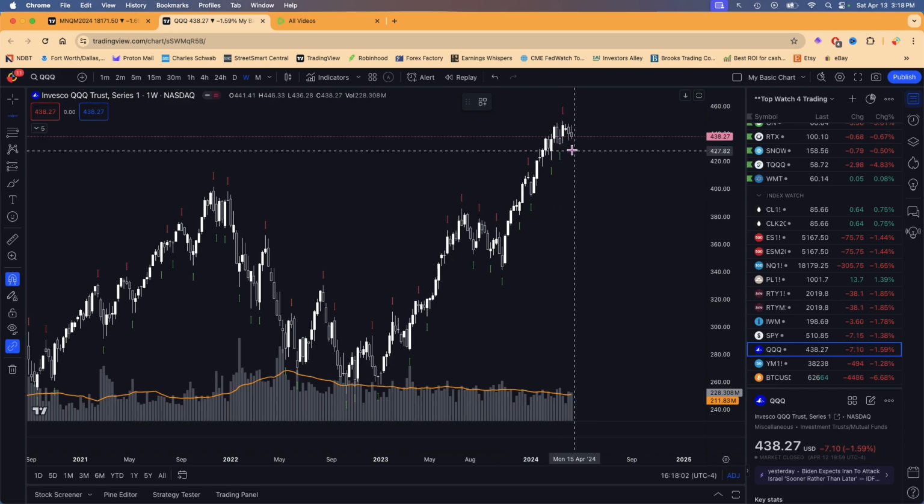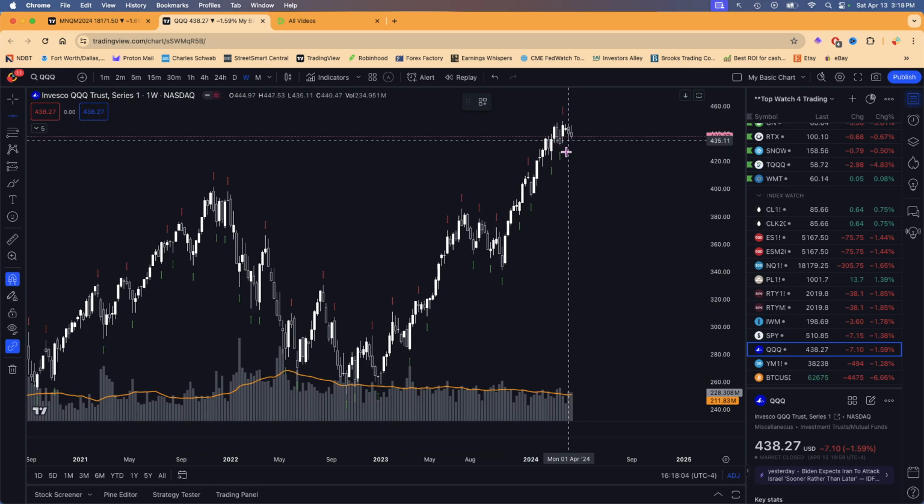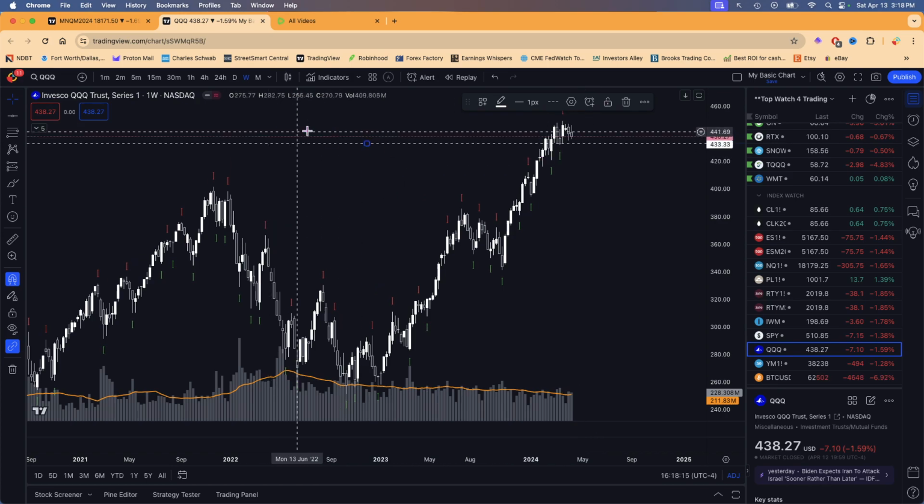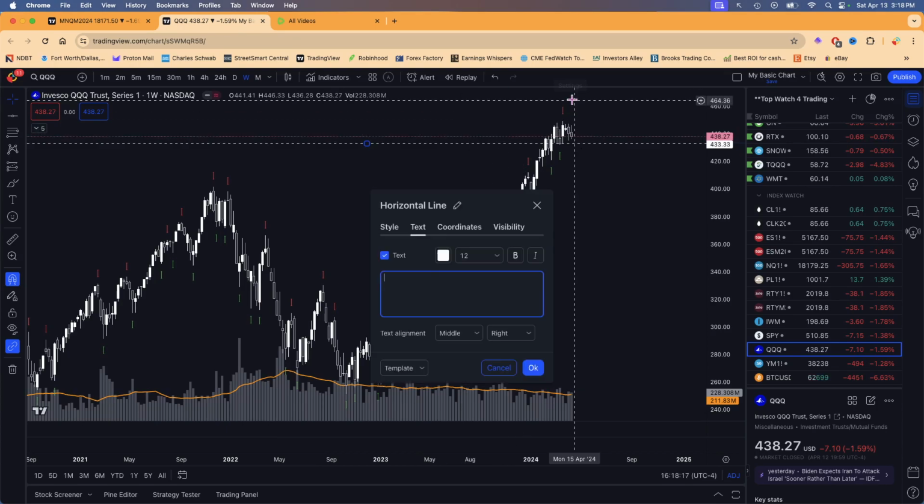So I count 4 weekly bars back, which is 20 trading days. I'll pop a line. And I usually label it. I call it the 20-day look back low.